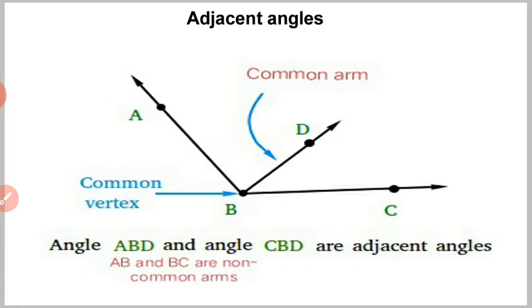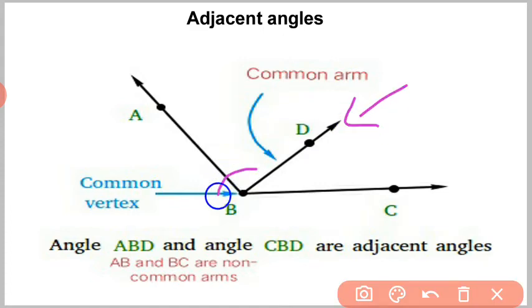Two angles are adjacent if they have one common arm, a common vertex, and two non-common arms that lie on either side of the common arm.